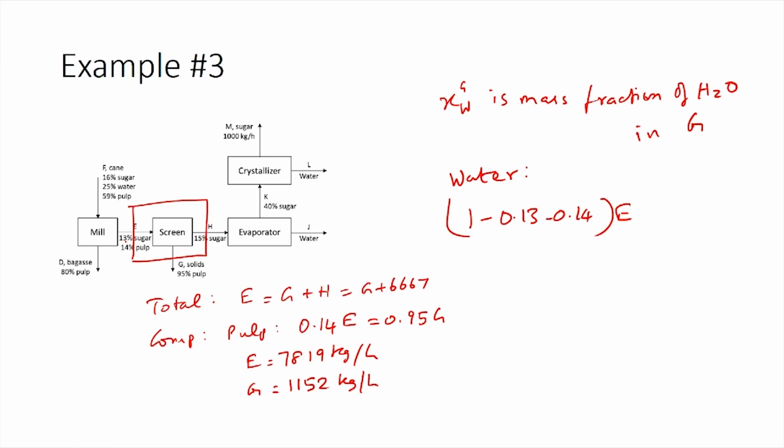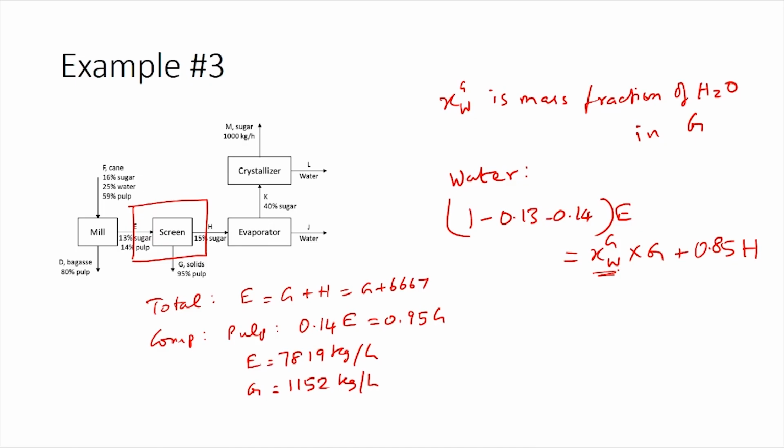You now have the exit streams. So, the exit stream would contain XWG times G, where XWG is the mass fraction of water in the stream G, and you also have water leaving through the H stream, which is 0.85 times H. Now that we have all these values, the only term which is unknown here is XWG.